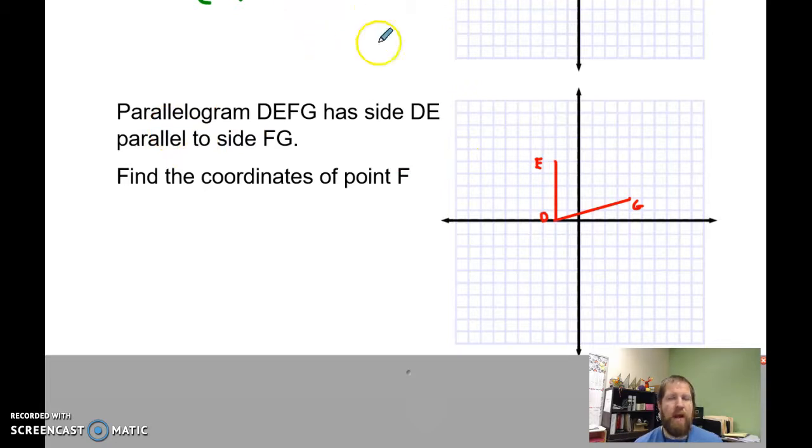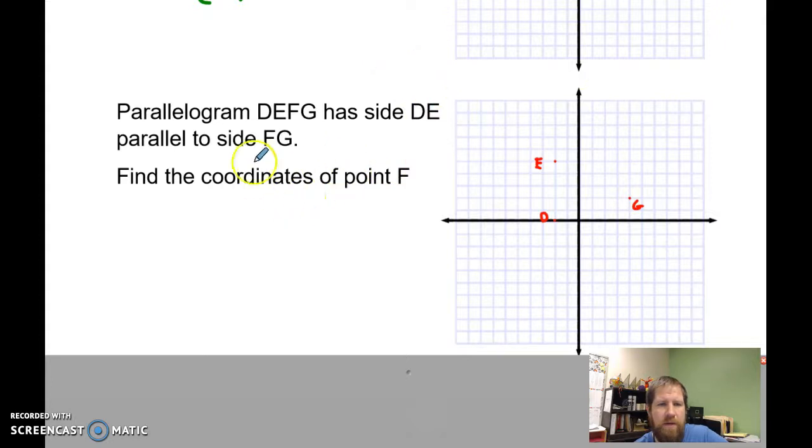So the point we're missing, point F, is going to have to form 2 sets of parallel sides. The other information we get is that side DE and side FG are parallel. So point F has to be either directly above or directly below point G. That's why I didn't fill those in, because I don't want to jump to conclusions.